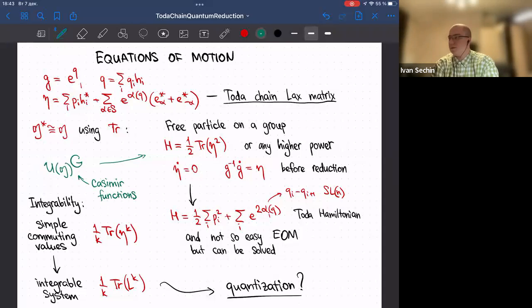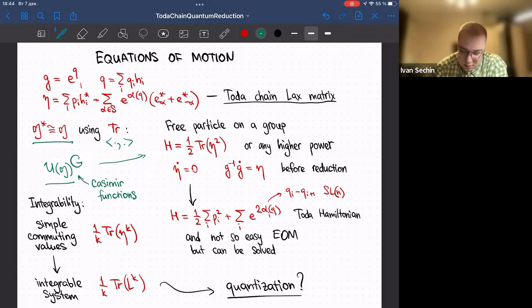And to get commuting Hamiltonians, we should also identify J star with J using not the trace but the Cartan pairing, and after that we should write G invariant polynomials.